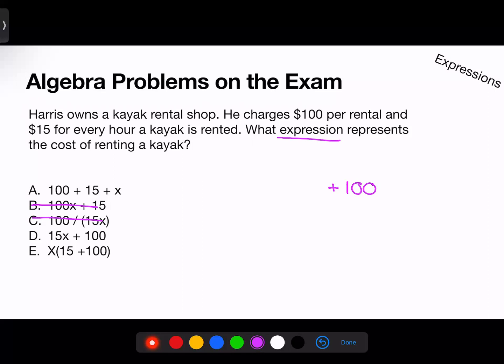If we call each hour x and define our variable, we can write 15x as the cost per hour. The final answer is 15x plus 100, and that's choice D. This was an expression. Let's see how an equation might differ.